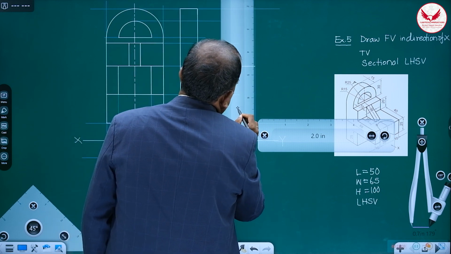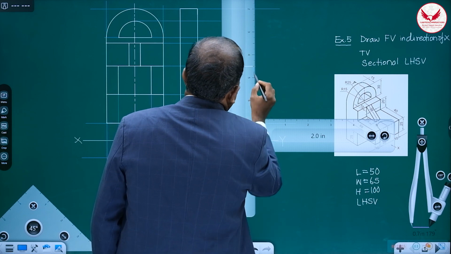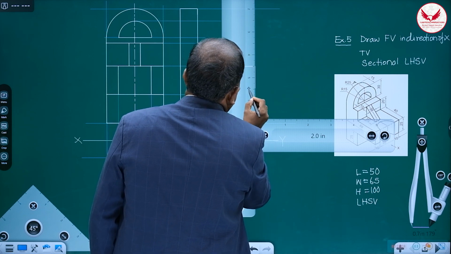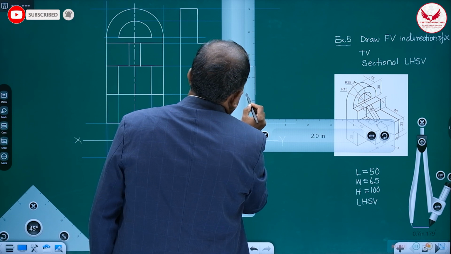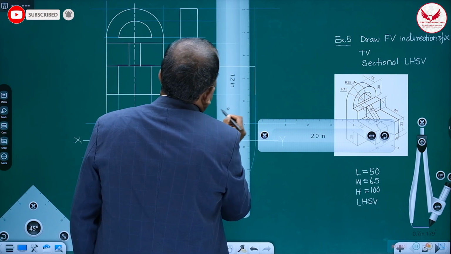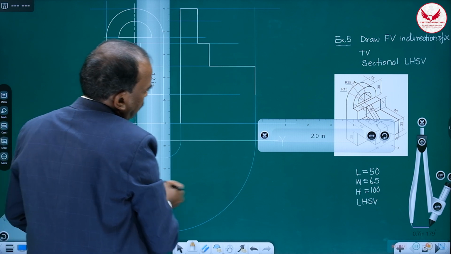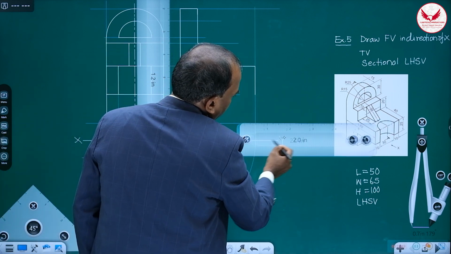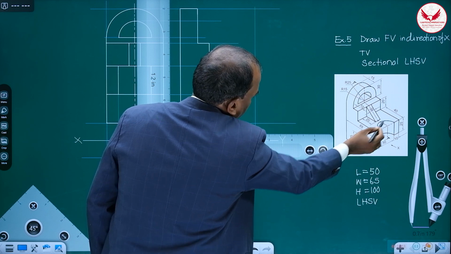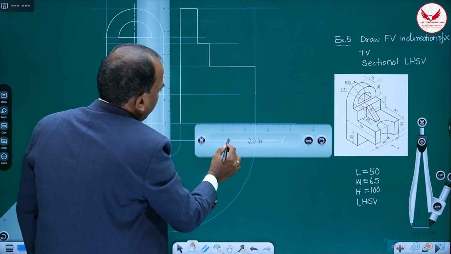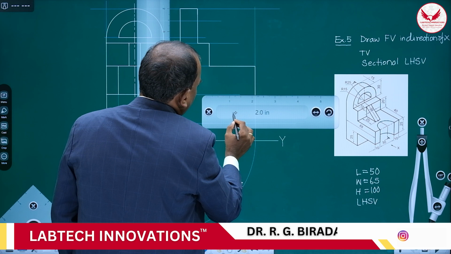Then afterwards, it's vertical 25. So it is 10, 20, 25. Then from 25, this portion is 40. So it is mentioned that dimension. Then that 40 also we can mark.